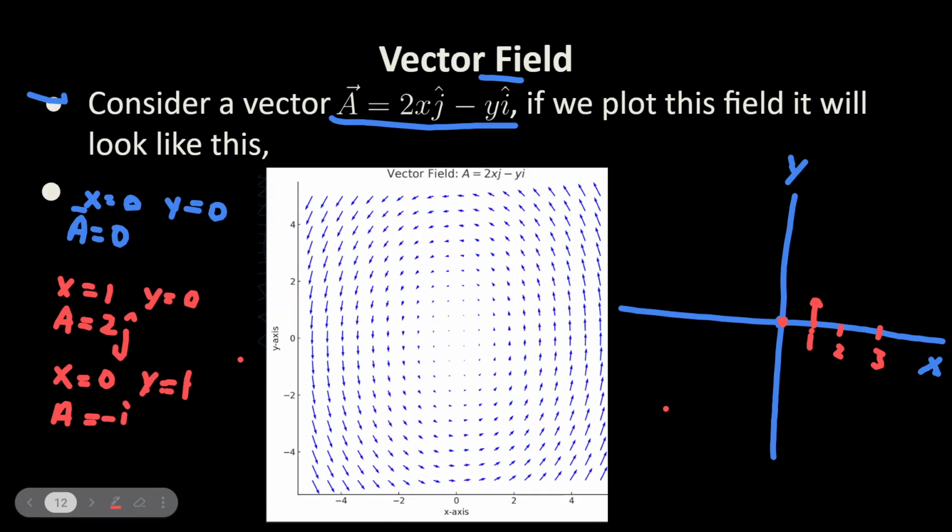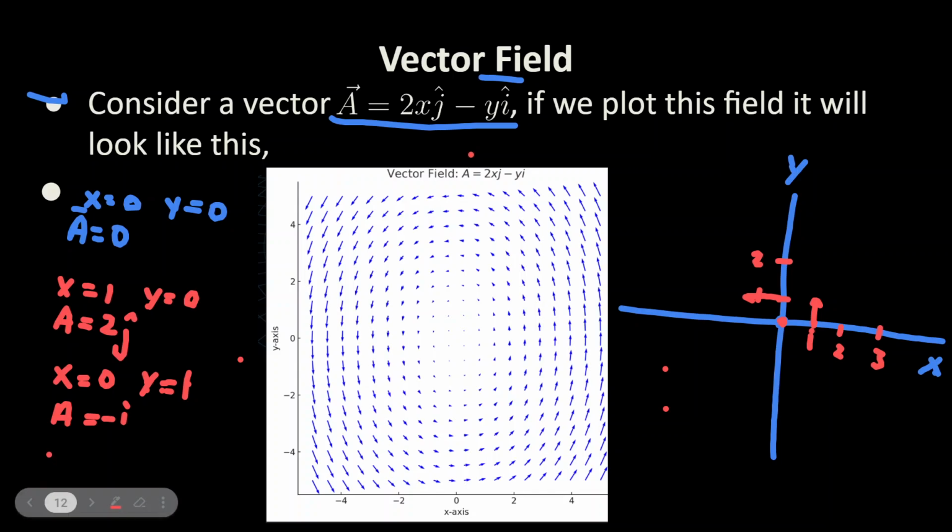So which means that at y is equal to 1, say this is 1, 2, it is a negative y. So there is a unit vector minus i cap, and it is like this. So this is the vector. It has the magnitude 1 unit.